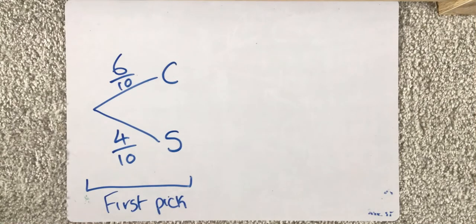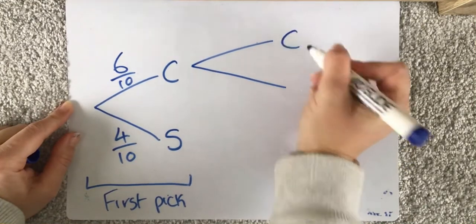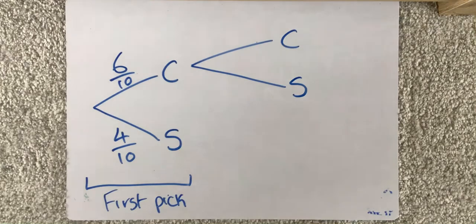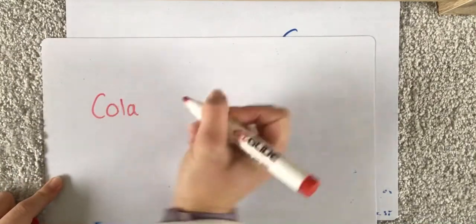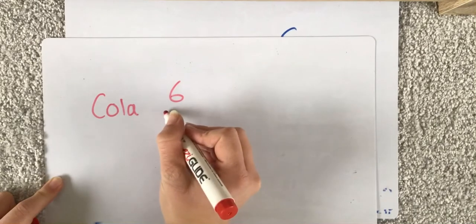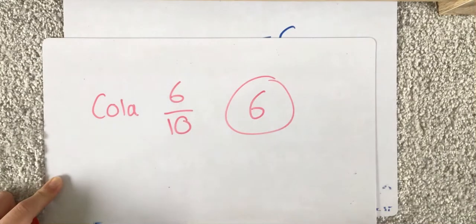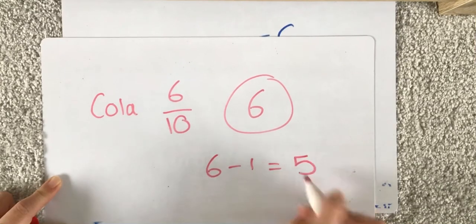If I've taken out a cola bottle, well, let's think about the probabilities. We said cola bottles started with 6 out of 10, so there were 6 altogether. Now, if I've taken a cola bottle out, I'm doing 6 minus 1. I'm going to have 5.